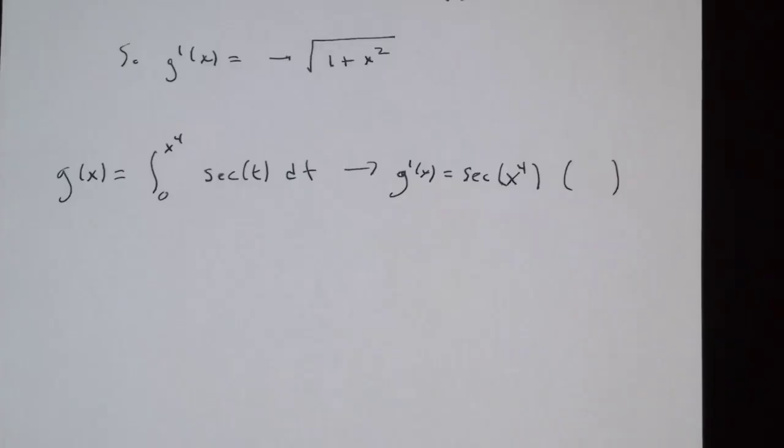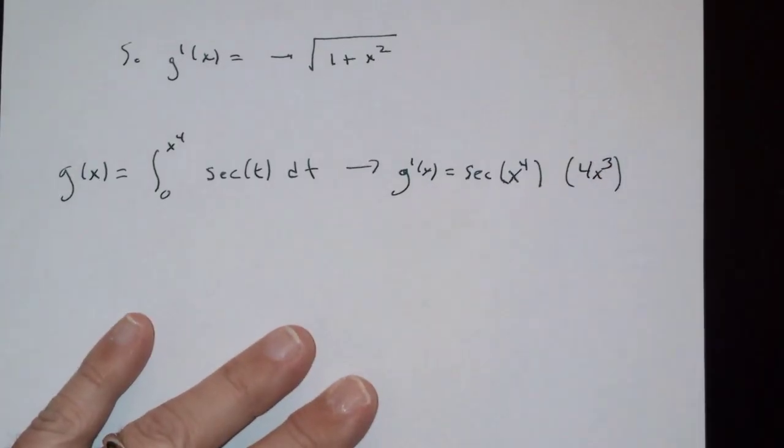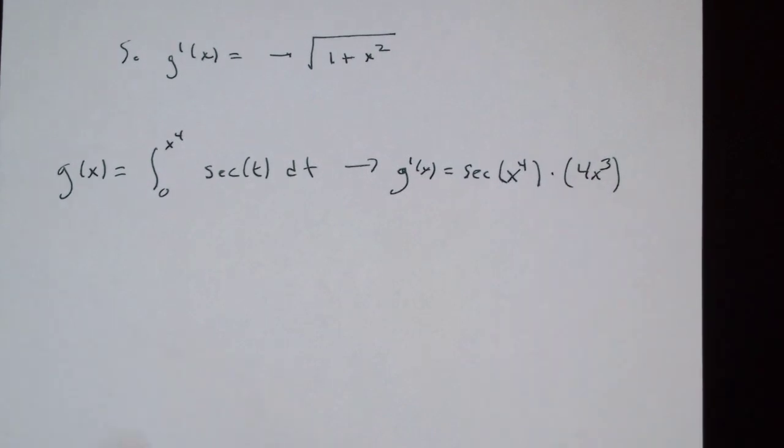And the chain rule says you take the derivative of the stuff, and that gets multiplied. Okay, I'll buy that.